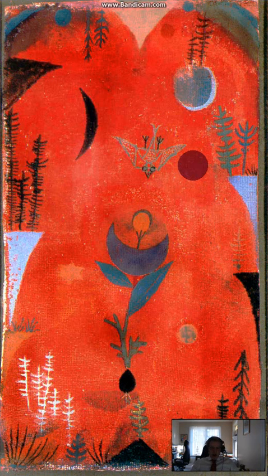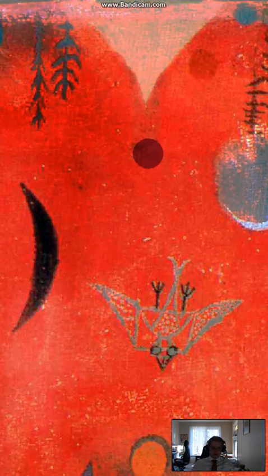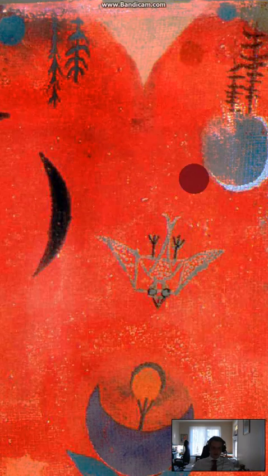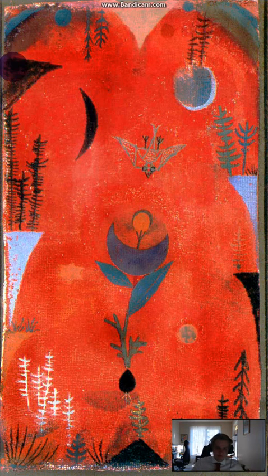We have this, which might be some sort of roof here. Maybe it's the sky, functioning as, I'm not too sure, but this bird is definitely going for something.